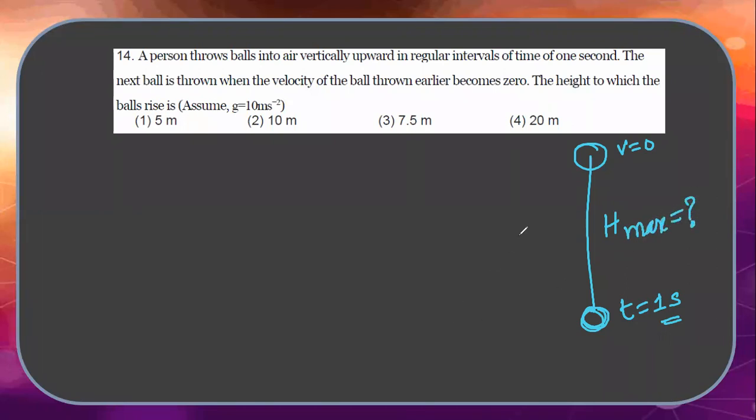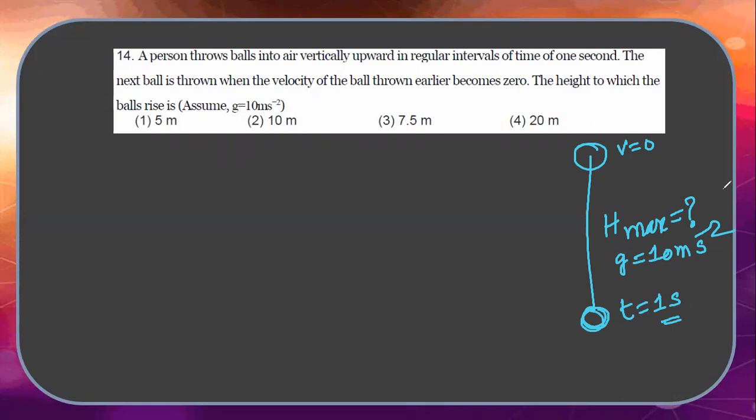If acceleration due to gravity is 10 meters per second square, a person throws balls into the air vertically upwards at regular intervals of time. Each one, 1 second later, he throws another one.